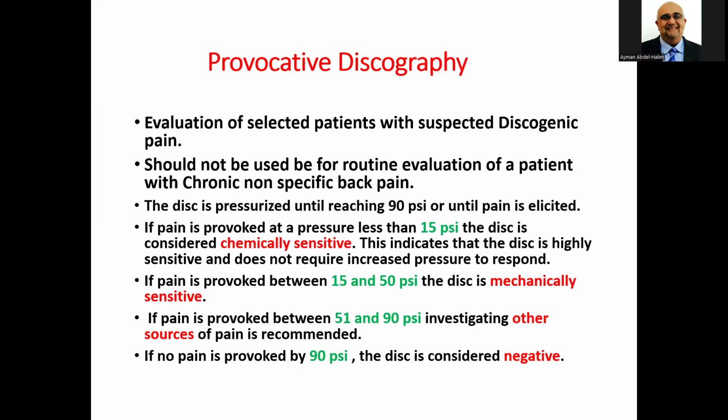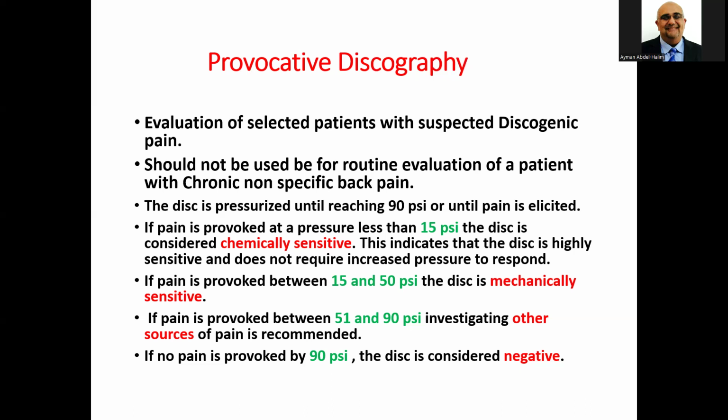Also, it's used preoperatively before doing lumbar fusion, to pick up the vertebrae or the discs that are affected, to be included in the fusion process. So these are the main two reasons we do provocative discography.